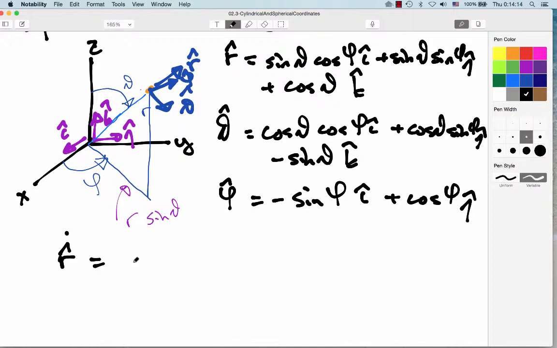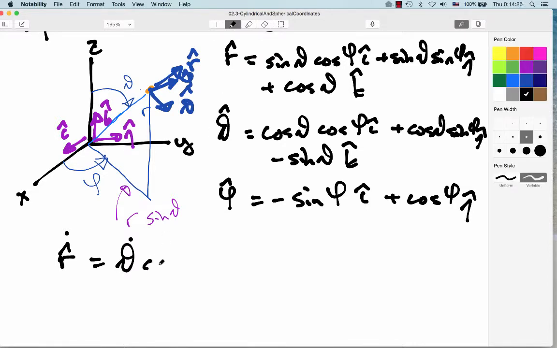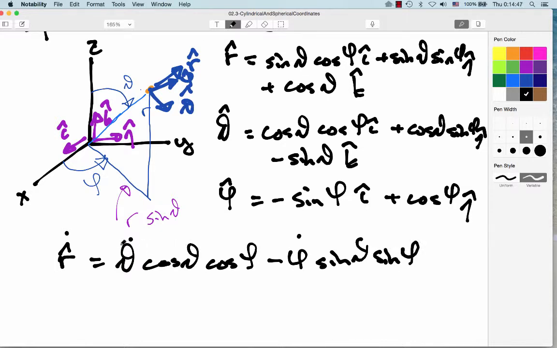So we will be left with, okay, differentiating sine theta will give me cos theta times the derivative of what's inside, gives me theta dot cos theta cos phi. Then I have to do the next one here, so I'll have a sine theta, derivative of cosine is minus the sine, and then differentiate what's inside will give me a phi dot, so minus phi dot sine theta sine phi.